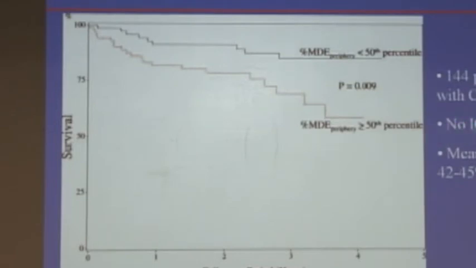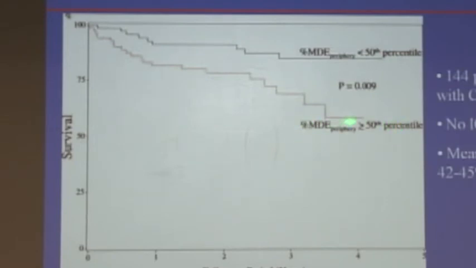They did not have ICDs because they were not candidates at the time, since their ejection fractions were only moderately reduced, and they looked at survival over a follow-up period of up to 5 years. They looked at a quantity they called myocardial delayed enhancement at the periphery, which is basically the gray zone. If it was less than the 50th percentile of all the patients, those patients did quite well over 5 years.